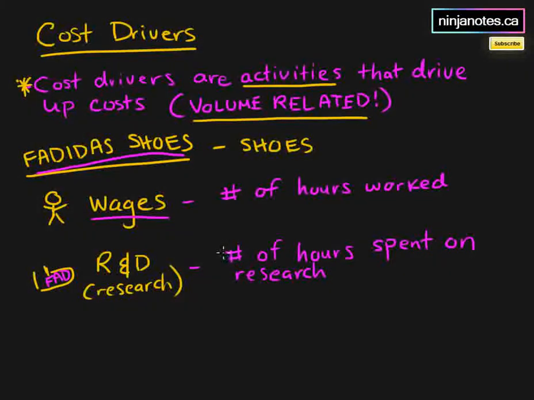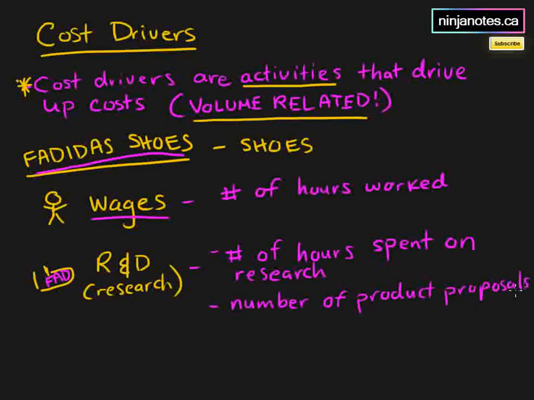Some companies actually use different cost drivers than others. Maybe you have one company that uses that cost driver. Maybe another one uses number of product proposals or products in research and development.